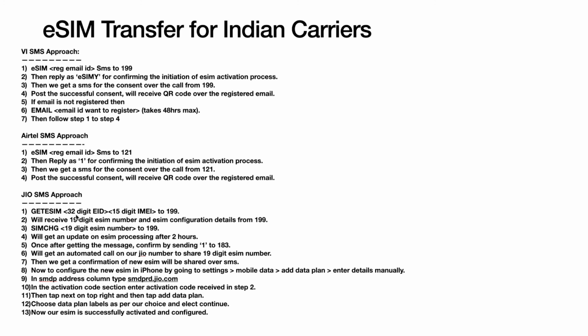Here they're asking for the 32-digit EID and 15-digit IMEI. You will get both of these from Settings, in General, About. There you will get all this information. Just send it in the right format and follow the prompt instructions you see on the screen. Everything was the same.